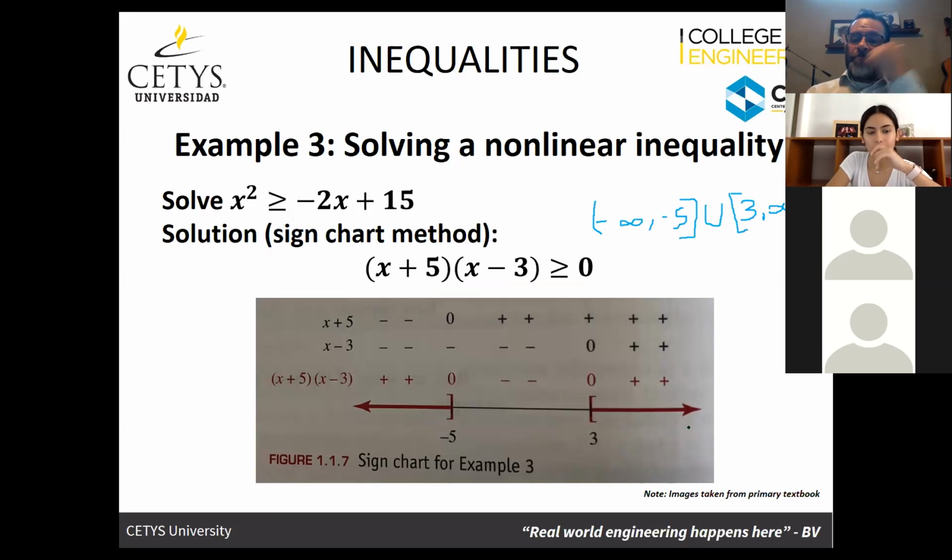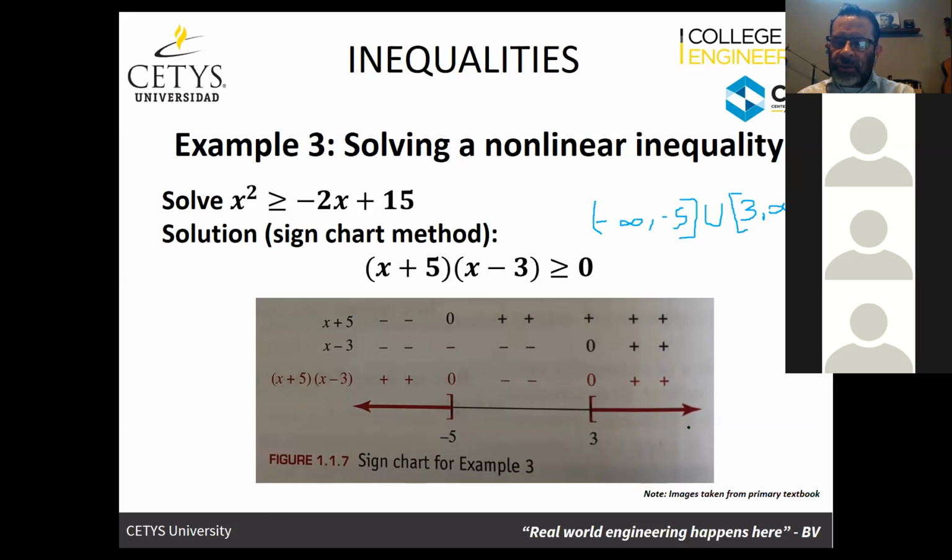So we always have to say minus infinite to minus 5, and infinite is always going to be greater than any other number, so that's always going to be on the right. So it's going to be 3 to infinite. Minus infinite always goes on the left, and infinite always goes on the right. Always the intervals go from the smaller to the greater.